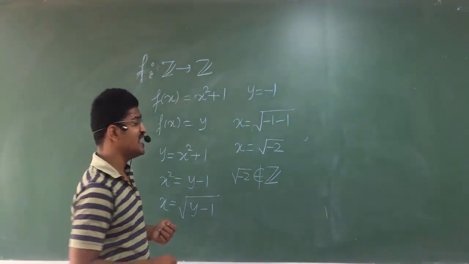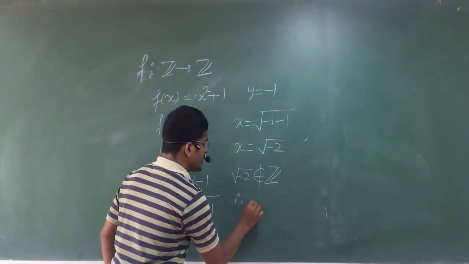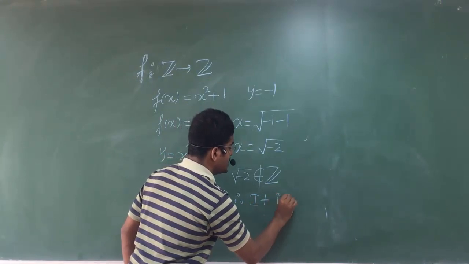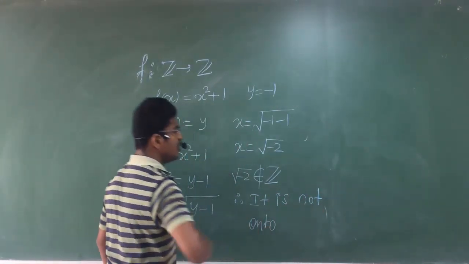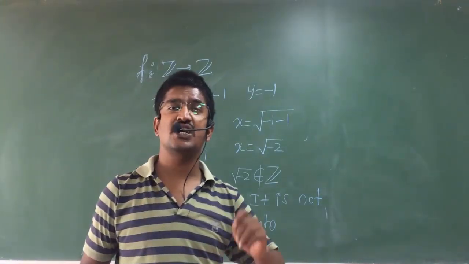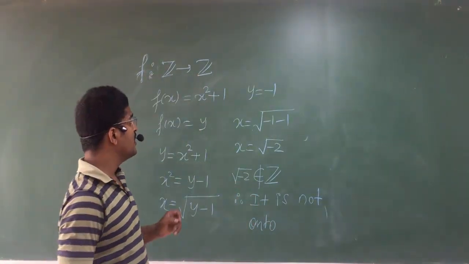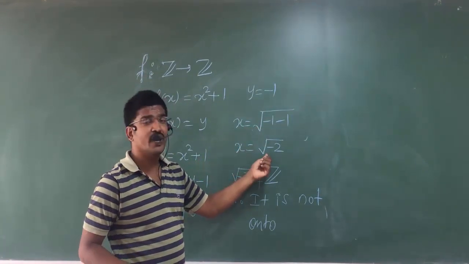Therefore we can say that it is not onto. Because y is minus 1, we get root of minus 2.